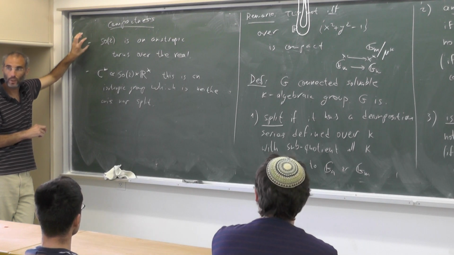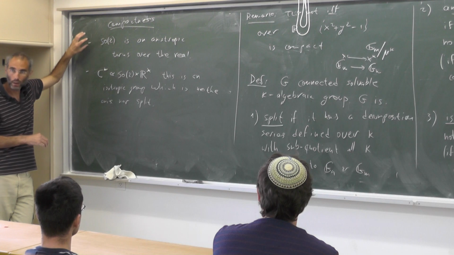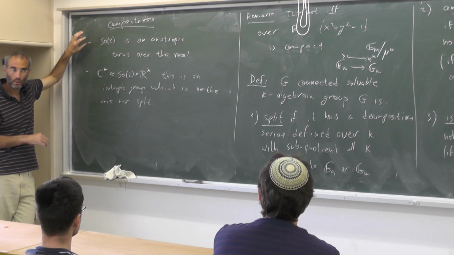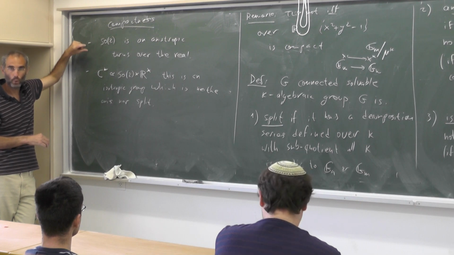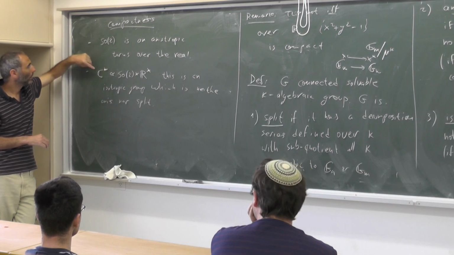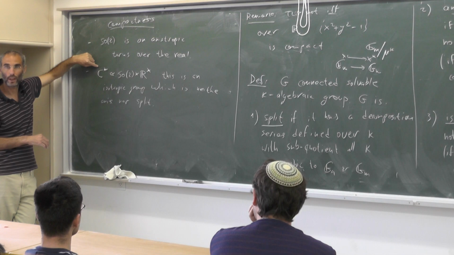The Cauchy-Riemann equation is a polynomial equation on GL2R, which actually specifies the subgroup C star in it. So it specifies an embedding of C star into GL2R.